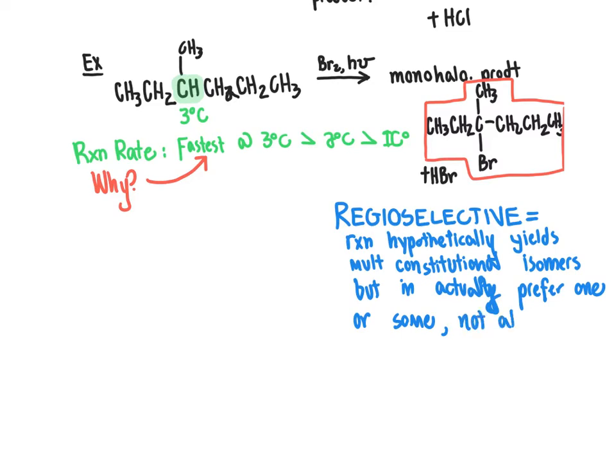So in other words, we're not just randomly replacing a carbon-hydrogen bond with a carbon-bromine bond. We've selected which carbon atom is getting that bromine atom. So we would describe the reaction as being regioselective.